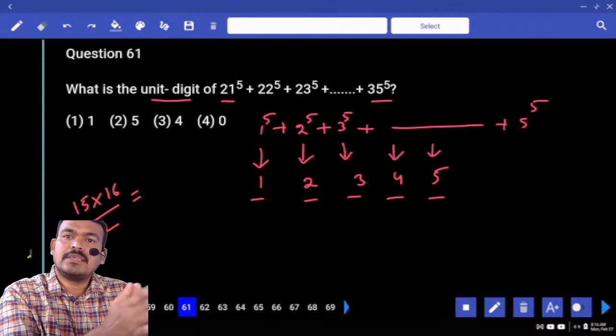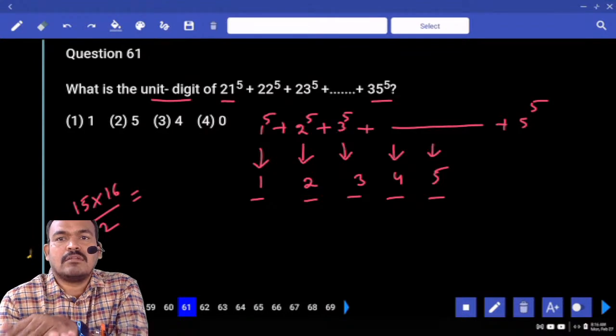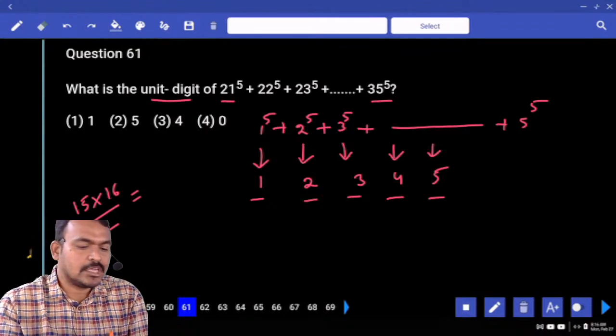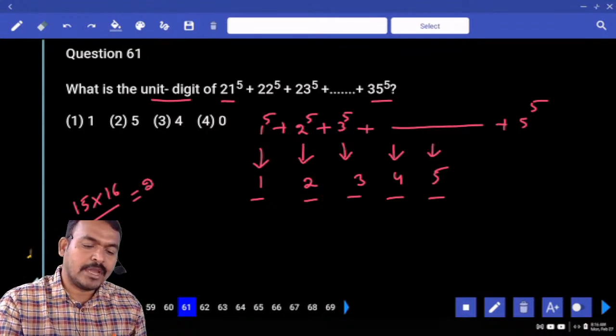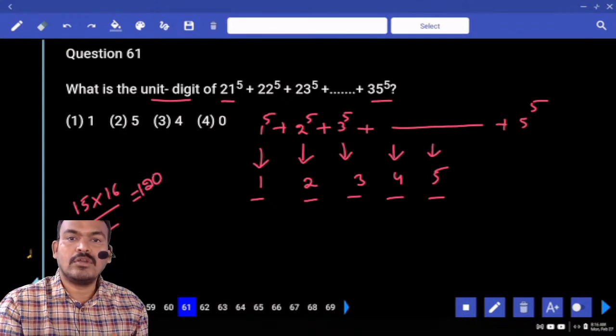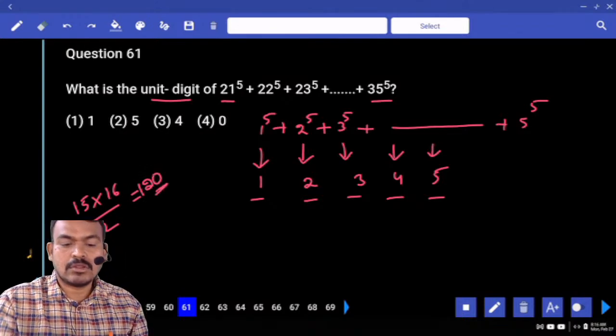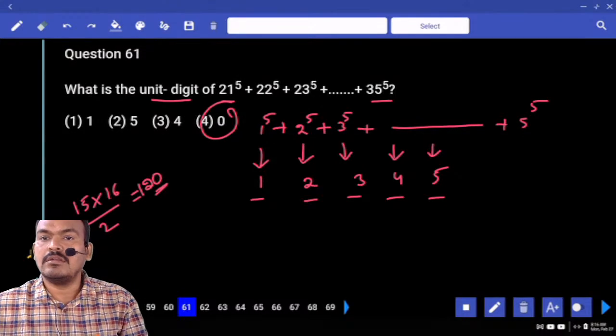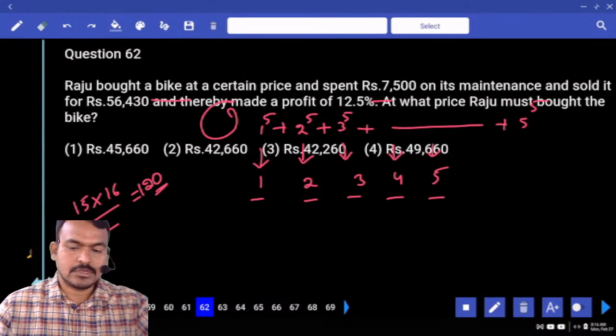We require the sum, which obviously ends with 0. 15 into 16 by 2 means 120, ending with 0. Then the answer is 0. Next is 62.